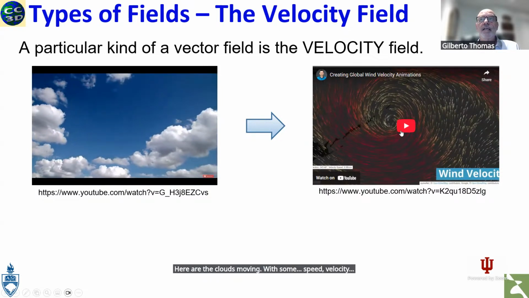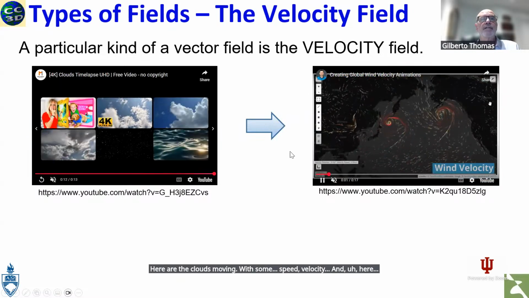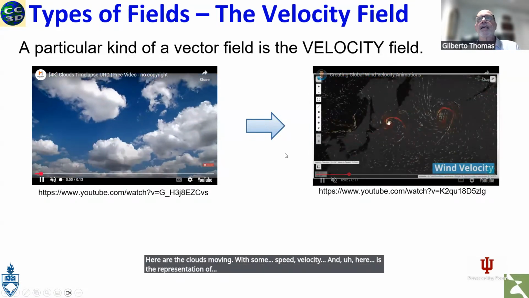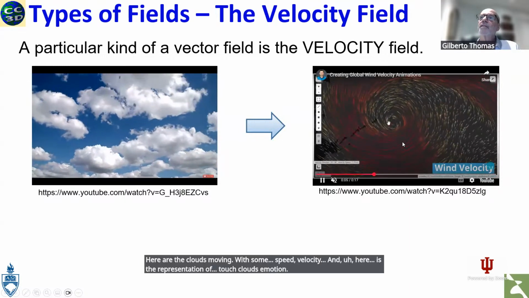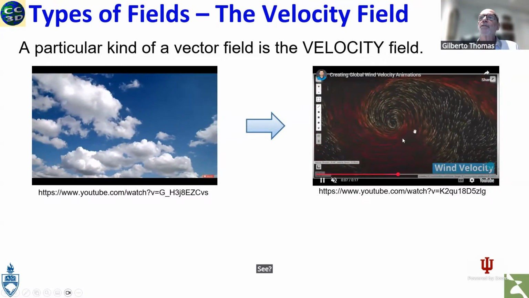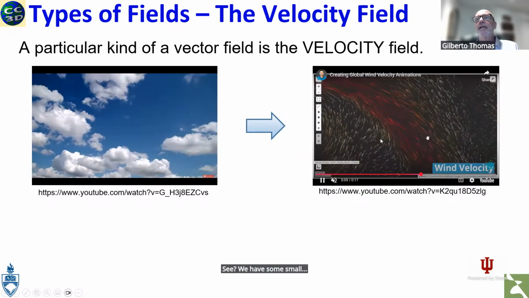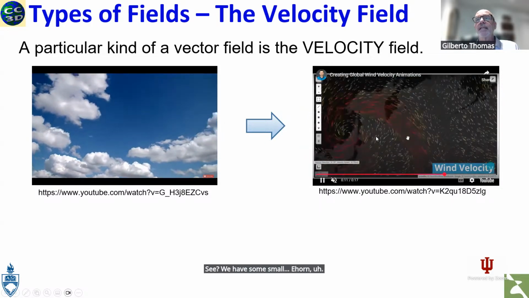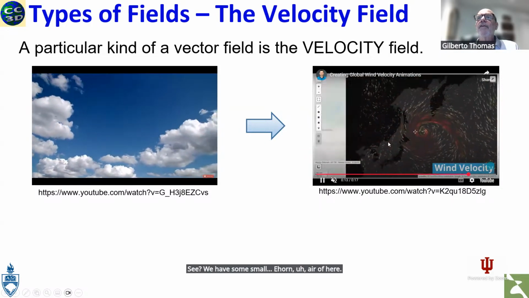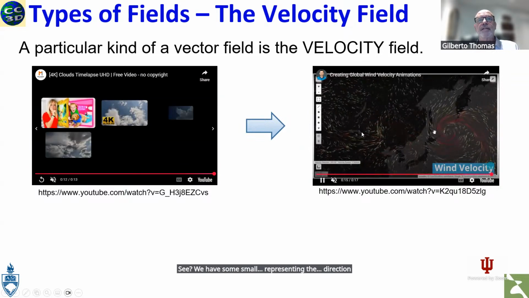And here is the representation of such clouds in motion. See, we have some small arrows here representing the direction of the wind.